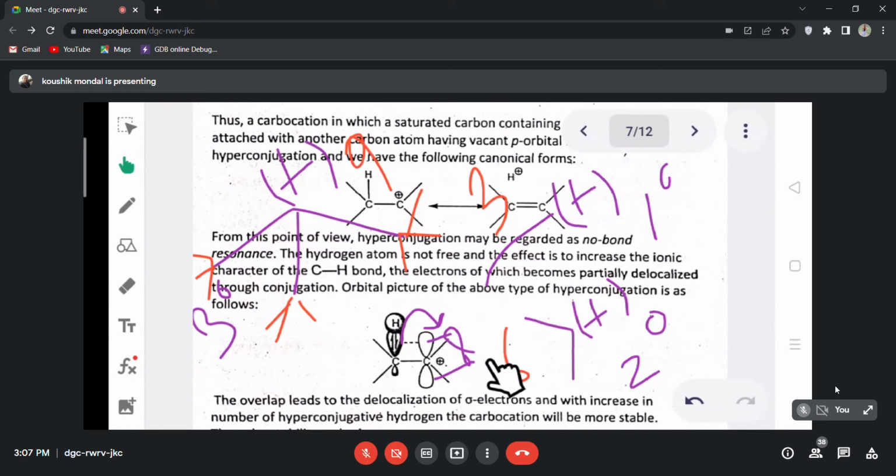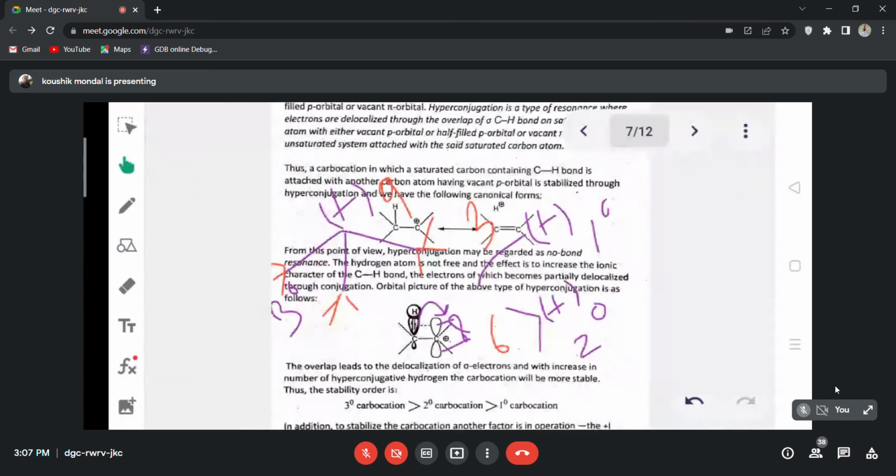For 1 degree it is 3. So the order is first 3 degree, then 2 degree, then 1 degree. Is this hyperconjugation effect clear to you?